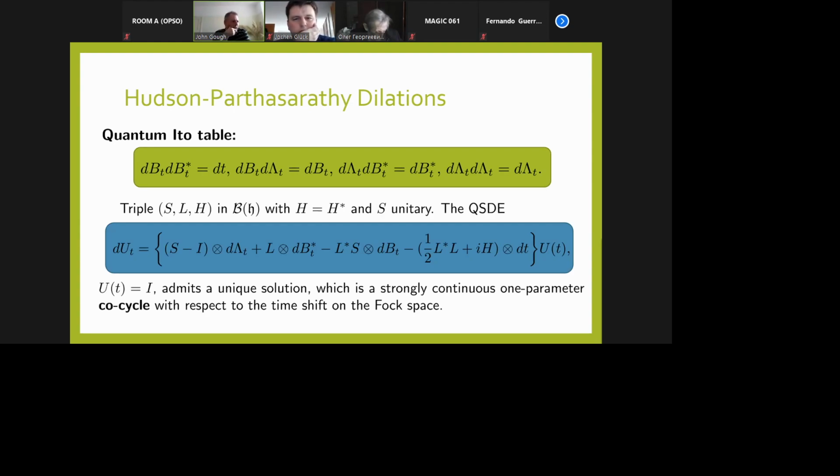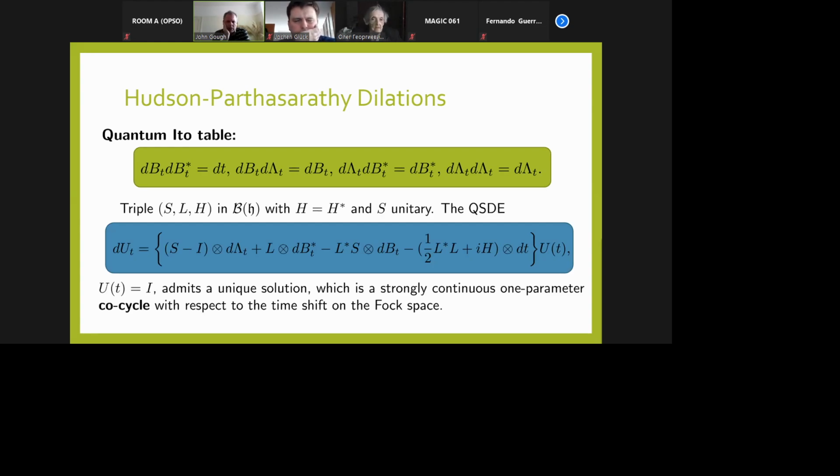So again, we'll initiate this. This should be U at t equals 0 is equal to the identity on your system tensor the Fock space. So we'll assume that this extends to a unitary on a joint space. So what you typically get is that this is strongly continuous, one parameter. It's not a semigroup, it's a cocycle.